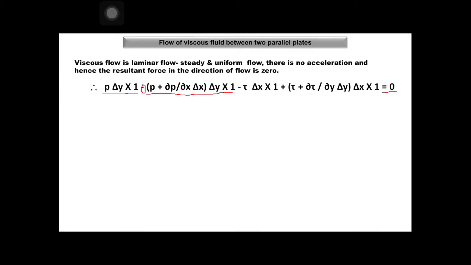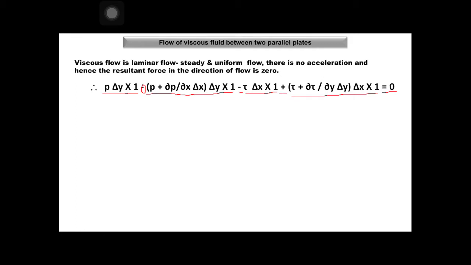Similarly, another force, that is the shear force, is acting on the face BC, and that too is in the opposite direction, that's why this minus sign. And similarly, another force is acting in the direction along the flow, so this shear force will come as positive.